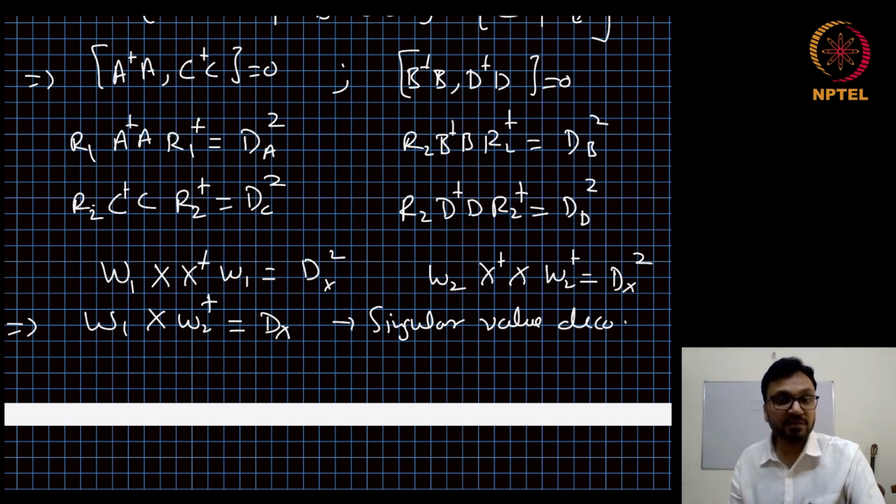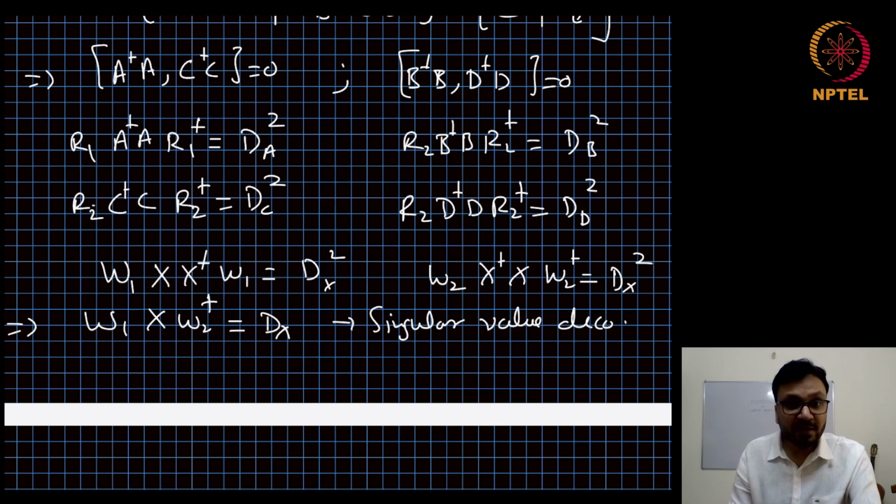One should read the proof of this. This is a very beautiful theorem. So if we have two unitary operators W1 and W2 which diagonalize X X dagger and X dagger X, then W1 and W2 are the left and right singular vectors of X, and we can diagonalize X in this fashion and get dx, which is the diagonal matrix of singular values. And this theorem holds for any dimension of X. X need not be a square matrix, it can be rectangular, it can be anything.